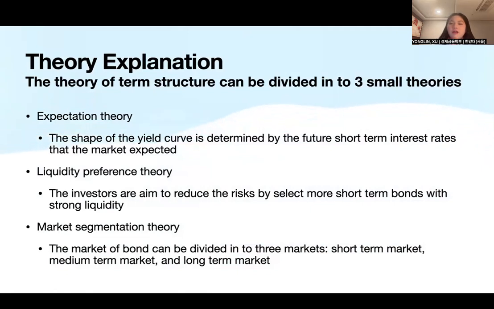And a horizontal yield curve indicates that the market expects short-term interest rates to remain roughly unchanged, and the forward interest rate is equal to the spot interest rate. So this is basically the first theory, and then the second one is the liquidity preference theory.